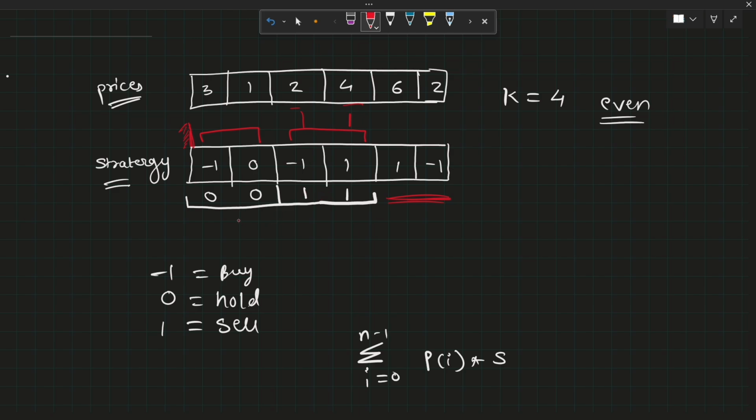Now let's say we extend this array further. Now the subarray is something like this. We exclude this part and we came here, and then we included this part so that our subarray will be of size k. So what we actually did is we moved our subarray in the forward direction, and accordingly we will make changes inside, like now this will be 0, this will be 0, this will be 1, and this will be 1.